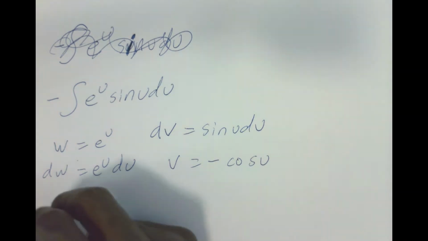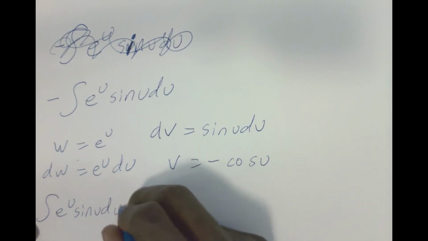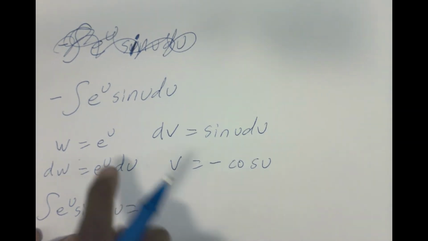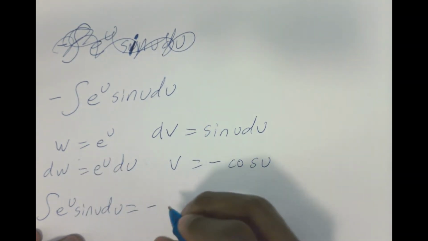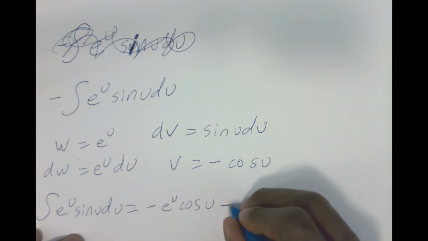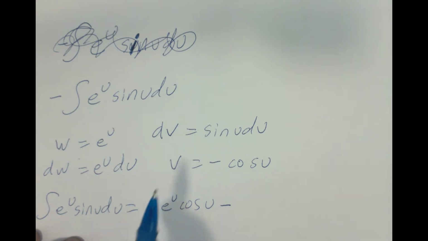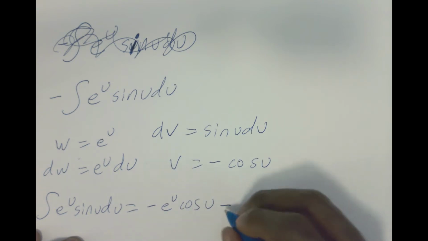So what I have here is the integral of e to the u sine u du is going to equal w times v, negative e to the u cosine u, minus the integral of v dw. So the integral of v will be negative cosine, so that's going to be positive.